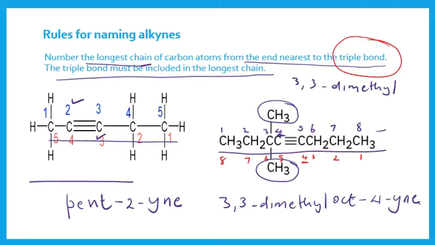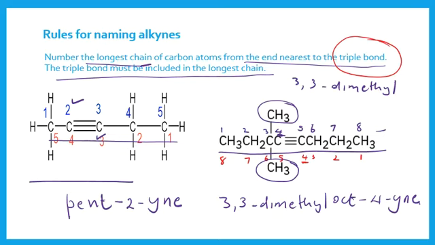Okay, so now let us name this one. This one is an alkyne, but we are going to have substituents here. Our first step is to identify the longest chain of carbon atoms. Let's look at this one. If we go straight like this, how many carbon atoms do we have in the chain?